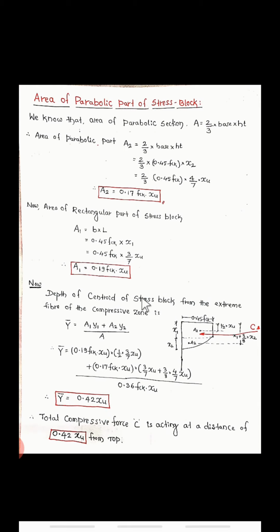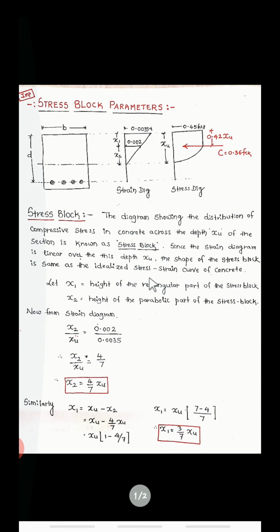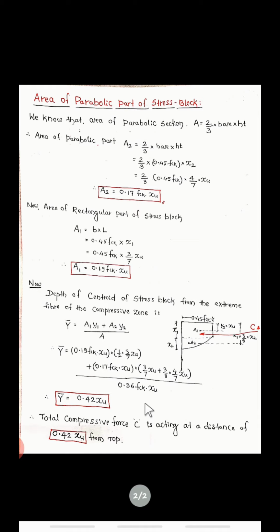So this is an important derivation. I request you once again to go through this derivation and try to solve it again, because this is an important derivation you may get in the examination. Okay, I hope you understood this. If any doubt, please feel free to ask.